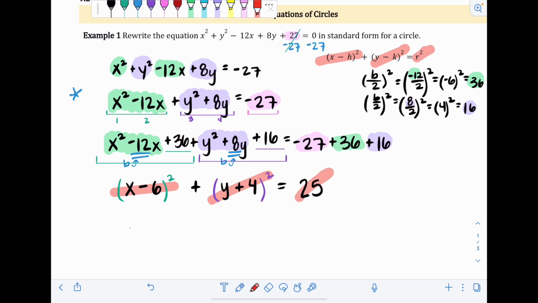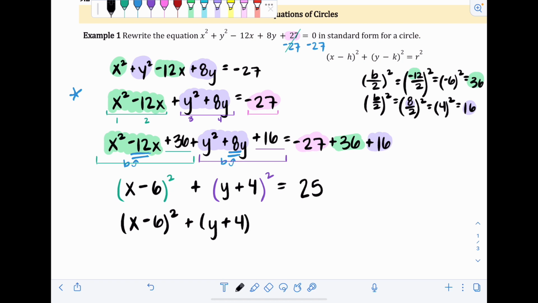And then we have our radius squared over there. So we have it in standard form. I'm just going to rewrite it so it's all in one color and not spaced out weird. But it'll be x minus 6 squared plus y plus 4 squared, and then equals 25. So this is the equation of our circle in standard form.